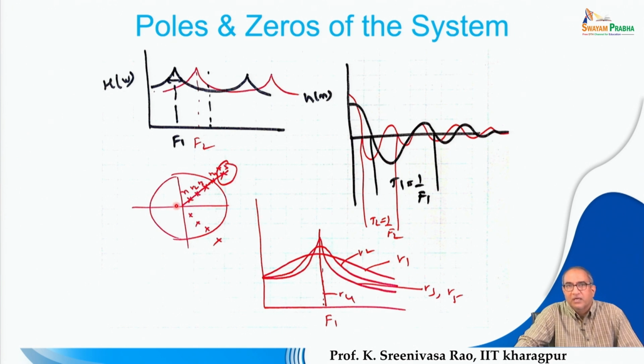If the roots are in the left half of the plane, the system is stable, and if they are on this vertical axis, they are marginally stable, and if they go towards the right, then the system becomes unstable.